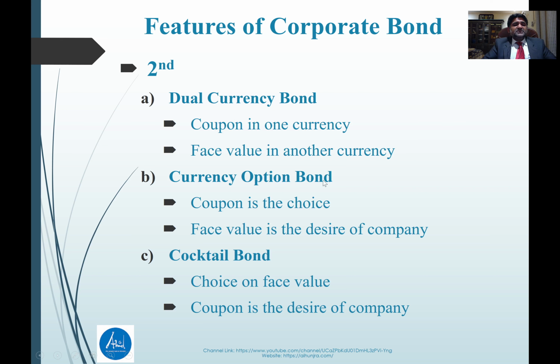In the currency option, the coupon is the choice of the bondholder, but the face value is the choice of the company. The cocktail bond is the opposite of the currency option bond. Here the bondholder has the choice on face value, but the coupon is the choice of the company.